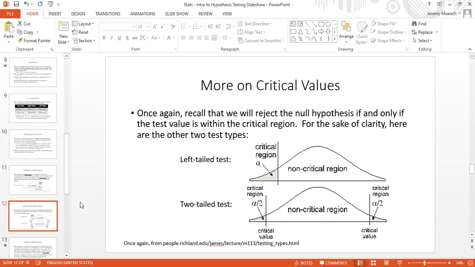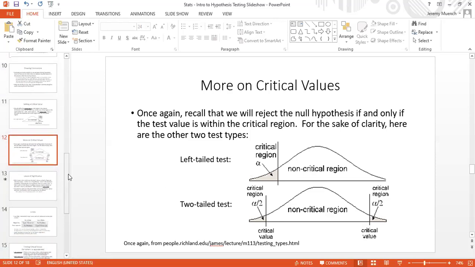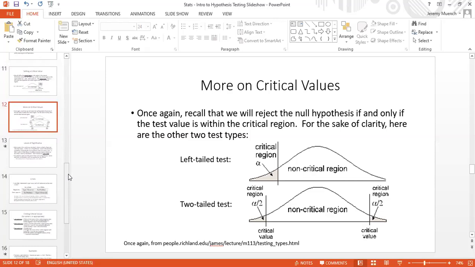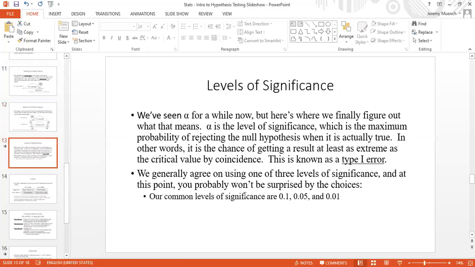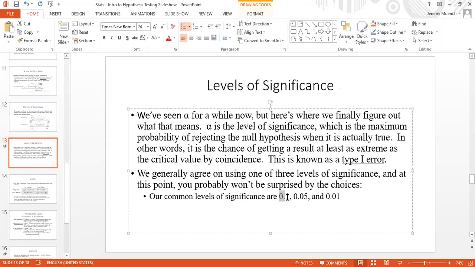And fortunately, though these are arbitrary choices, if you remember the reading that I had you do before we went on spring break, our choices for alpha are originally somewhat arbitrary, and they are, but we've hit a standard where we often pick levels of significance of 0.1, 0.05, and 0.01.